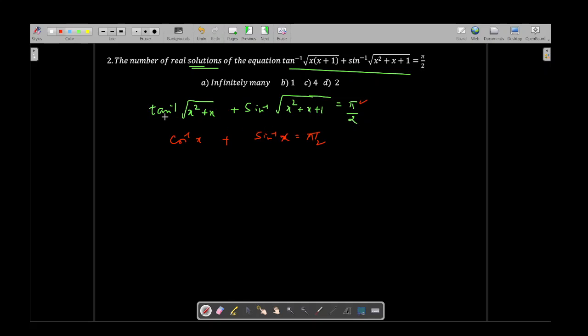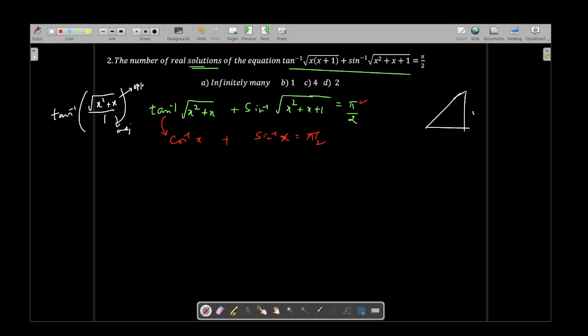So I have to convert this tan inverse into cos inverse. Let's see what happens. So I write a triangle out of it. This is actually tan inverse of square root of x square plus x divided by 1. So this is my opposite side and this is my adjacent side.